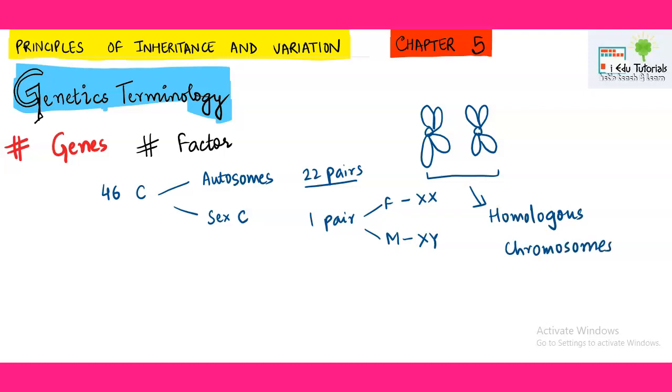Because the position, the locus of the genes on them is the same. So suppose an individual is tall, or let's talk about the pea plant that is tall, it must have certain chromosomes, and on those chromosomes these genes are located. So in the case of homologous chromosomes, you can see that the position, also known as locus, of the genes is the same.